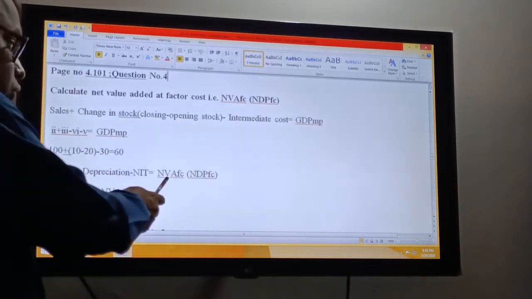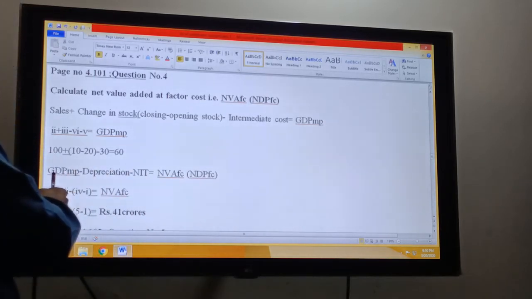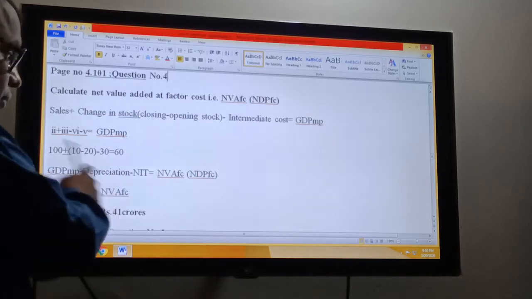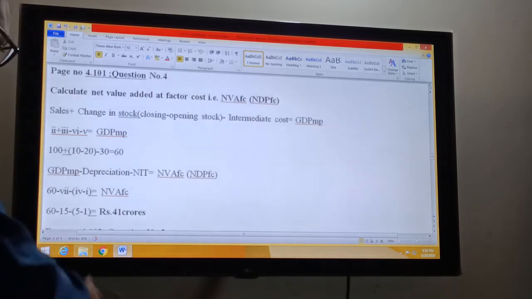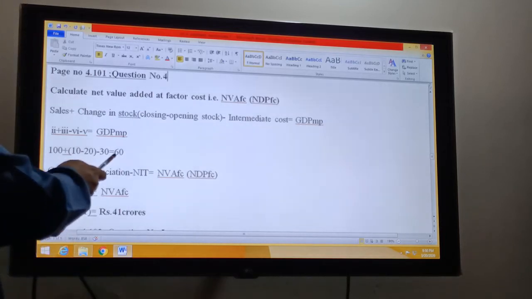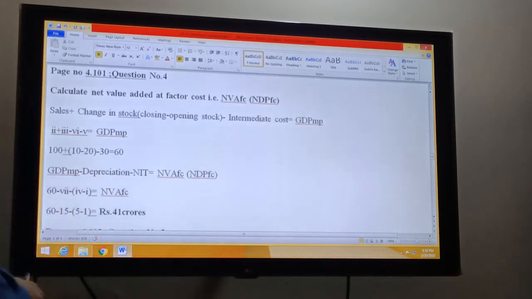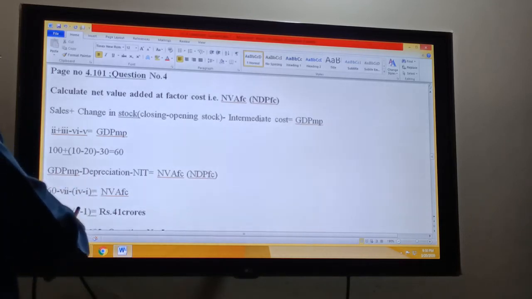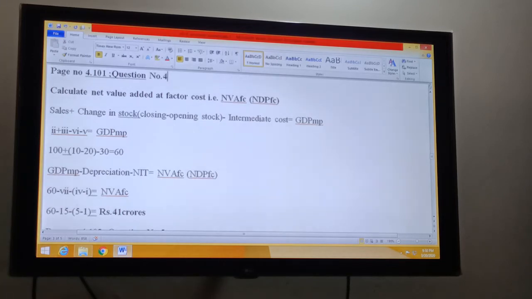And the final answer we want is NVFC, that is NDPFC. How do we get it? GDPMP minus depreciation minus NIT is equal to NDPFC. Here see, 60, that is your GDPMP, minus 7th item, that is depreciation, minus NIT, IT minus subsidy, 4th item minus 1st item. 60 minus 15, that is depreciation, 5 is your IT, 1 is your subsidy. 60 minus 15 minus 4, that is equal to 41 crore.